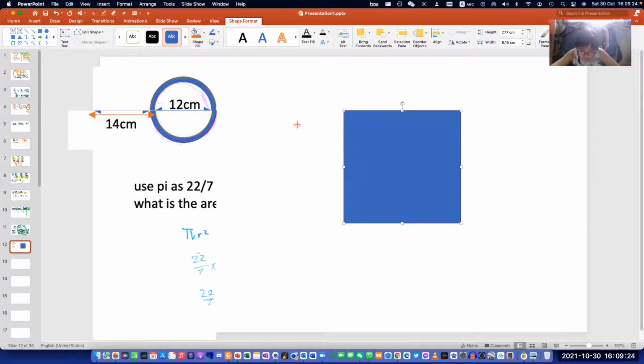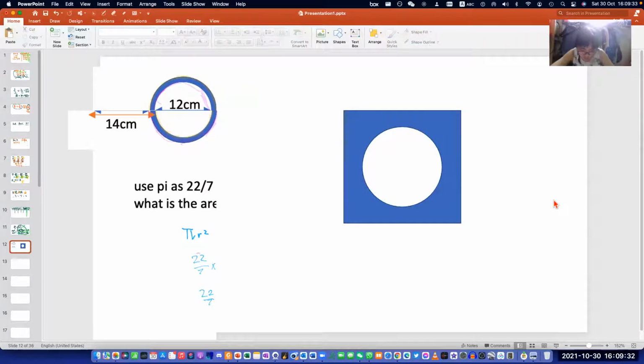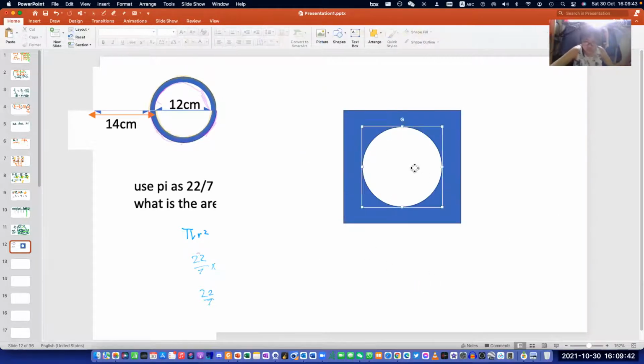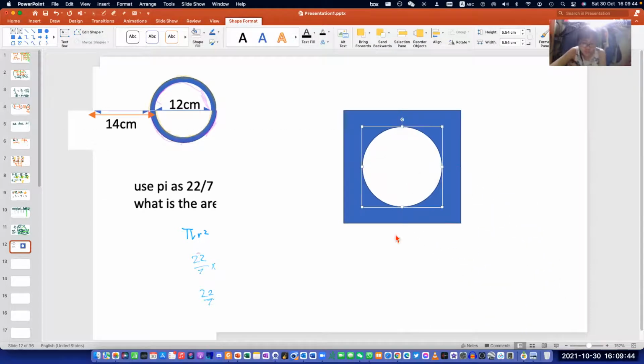Okay. Then now you have this. How do you find the shaded part for this one? You have a square, you have a circle. How do you find the shaded part for this one?